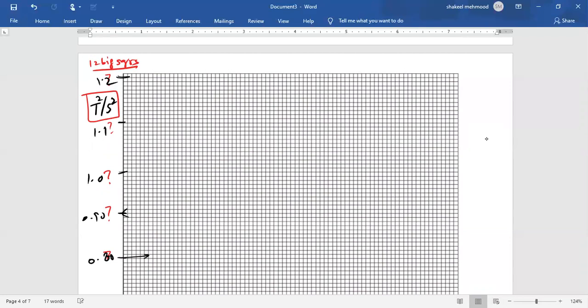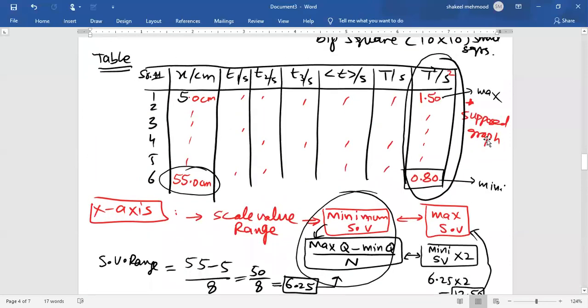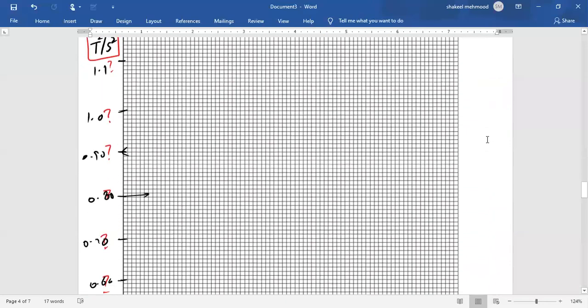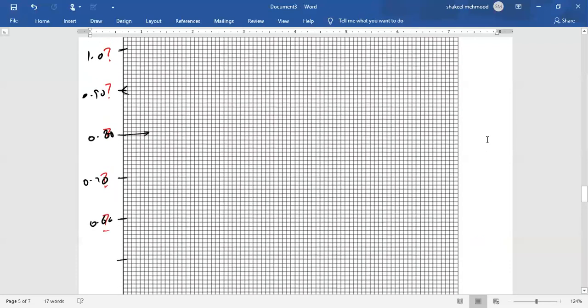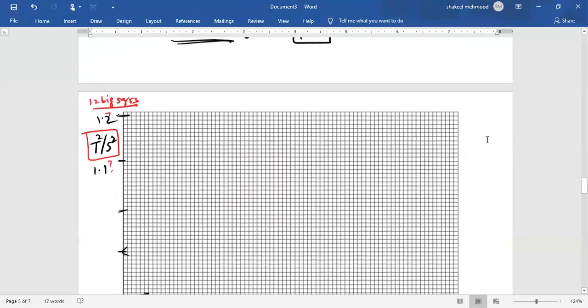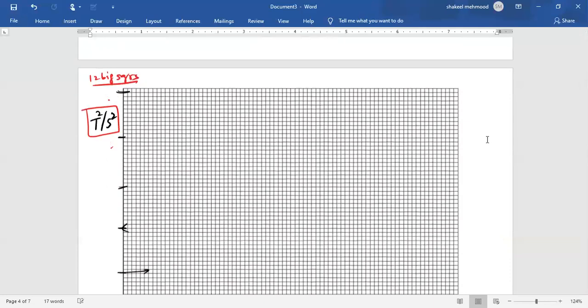Even your data would not be falling on it, because look at the value, your maximum value is 1.5. It means that you are not always supposed to start the origin from 0, right? This time you will be looking for a number that is very close to your least value. You can even start from the least value like 0.80. So you can start the origin from 0.80 as well.